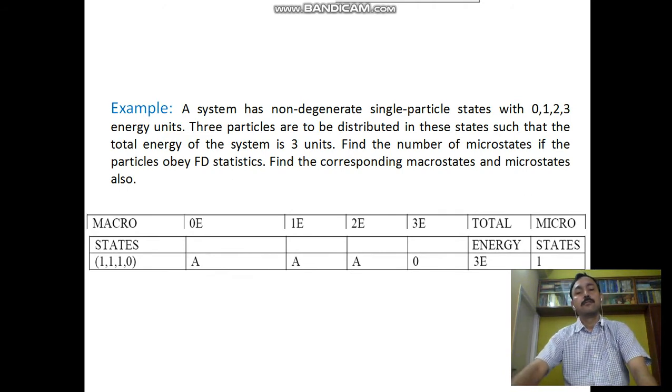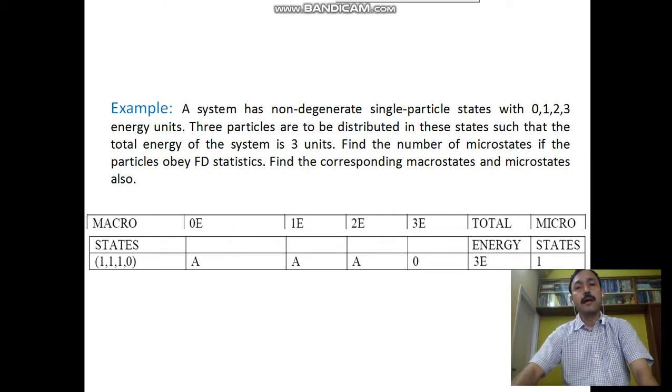Let us start with an example. This example we have discussed for Maxwell-Boltzmann statistics also. Now, the same example for the Fermi-Dirac statistics.